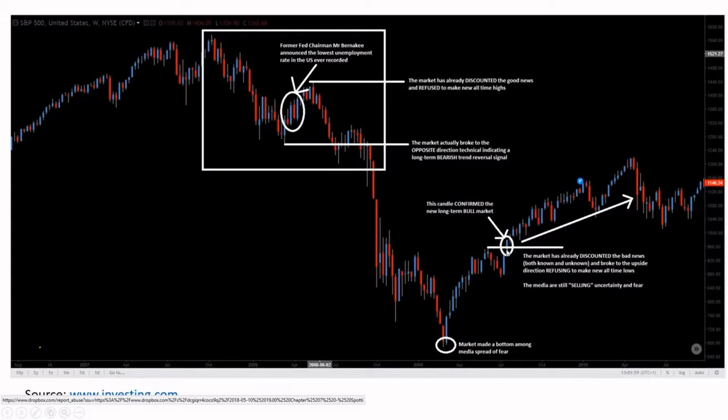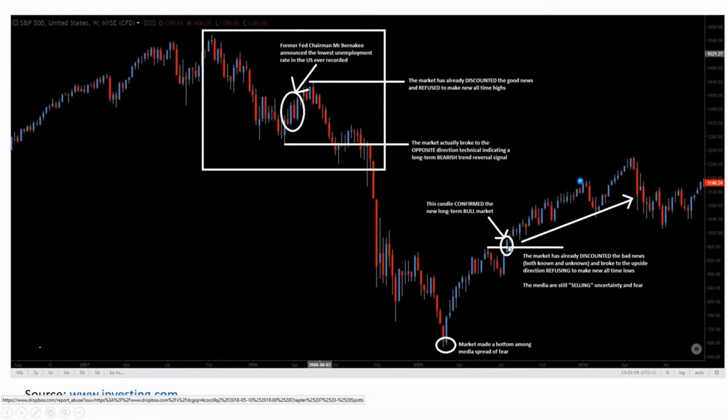So what does this mean to us? It means that the market has already discounted all the bad news and started to go up. So for us, this candle here indicated the end of the bear market and the beginning of a new long-term bull market. No need to say that still the media here are selling uncertainty and fear.